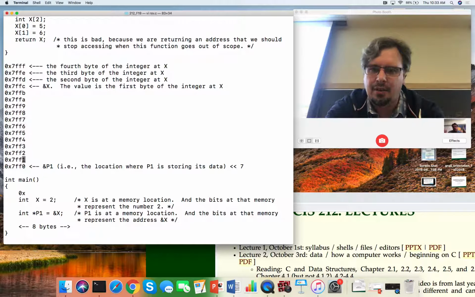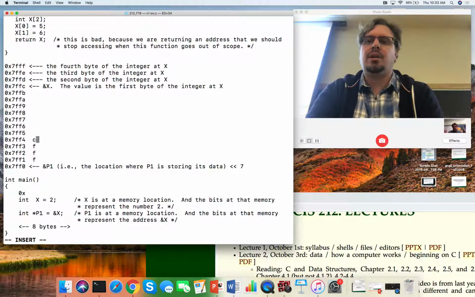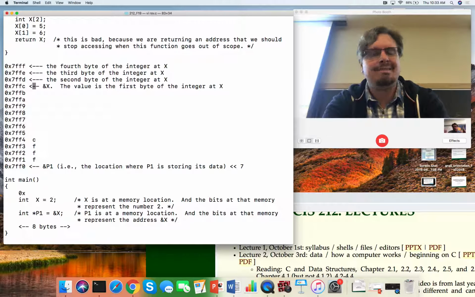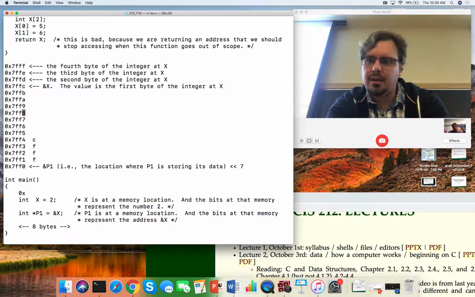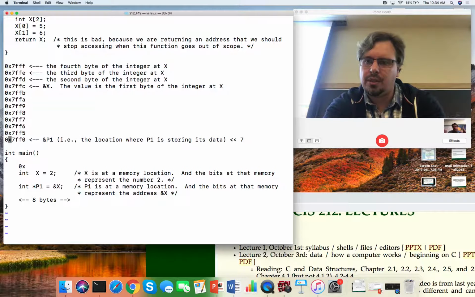I'd have to think about how the bytes encode this stuff, but maybe that has the 7, this has an F, this has an F, and that has a C or something. Okay, so if we had longer addresses, you can imagine that the address is being spread out over these 8 bytes. Wait, I've done this wrong because those are bytes. Sorry. BA987654. There's only 8 bytes. I've drawn 12 bytes. Whoops.